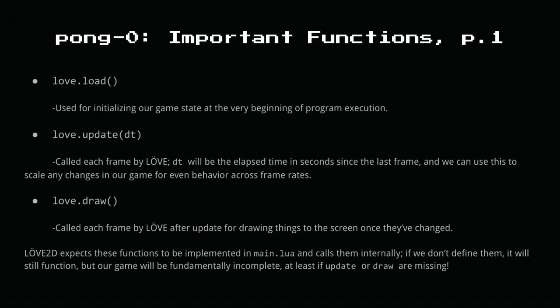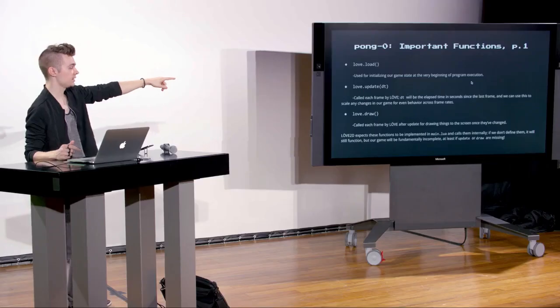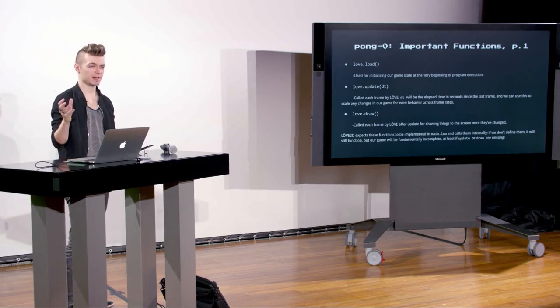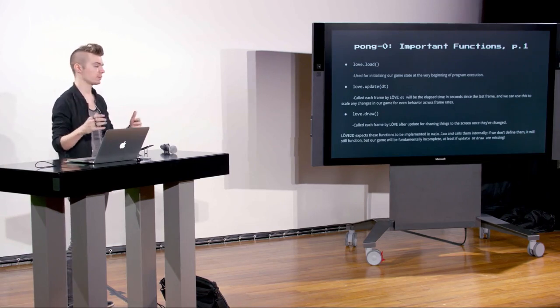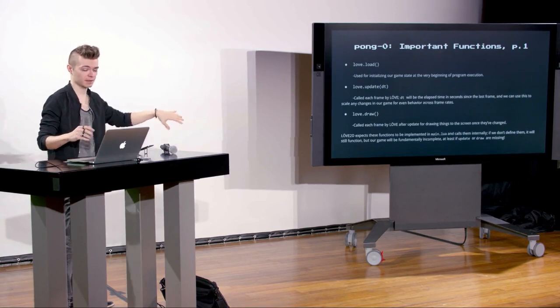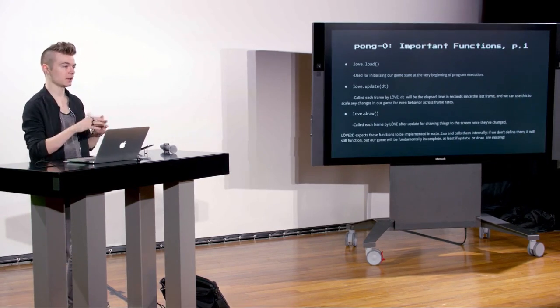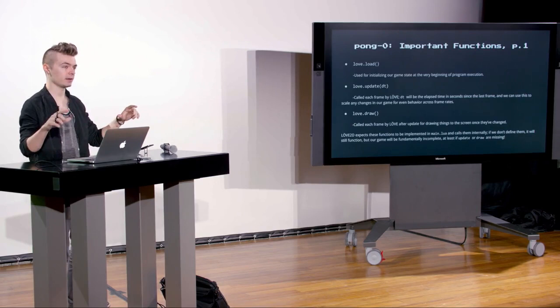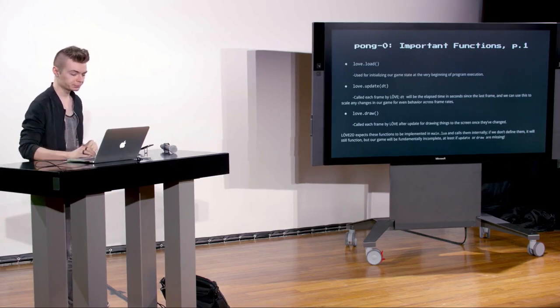And you can use delta time, dt, in that function to change your application based upon how much time has passed. dt will always be a fraction of a second, potentially more depending on how slow your computer is, but typically 1/60th of a second. And you can scale anything in your game by that amount to get even behavior across all frame rates.